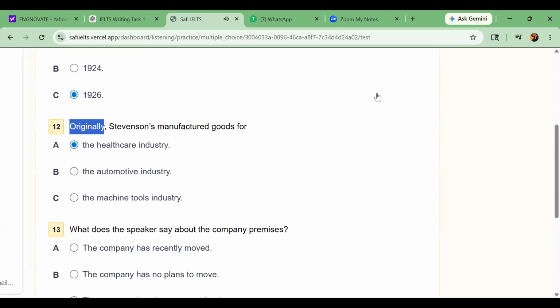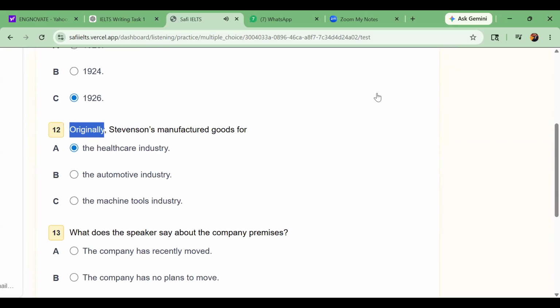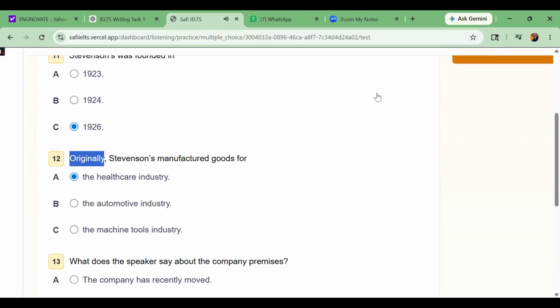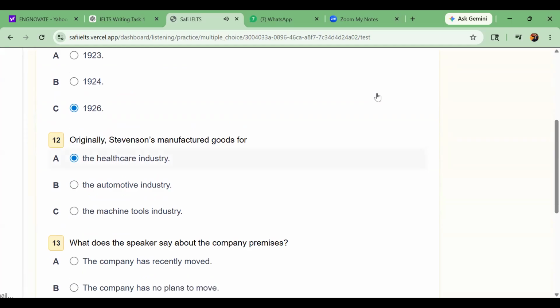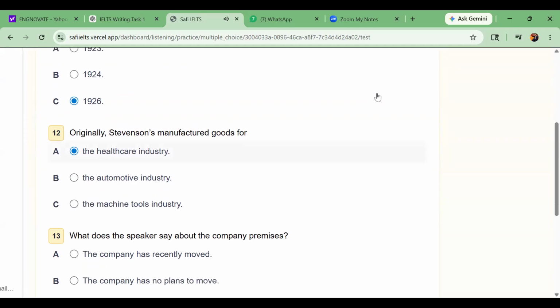That was in 1923. He set up this company when he finished his apprenticeship in 1926, although he actually started making plans 2 years earlier in 1924. He was a very determined young man. Stevenson's long-term plan was to manufacture components for the machine tools industry.